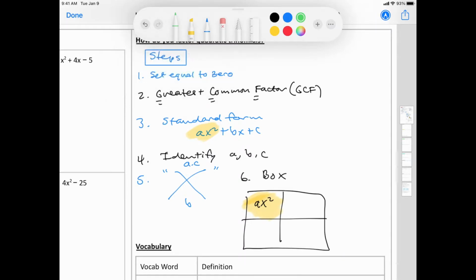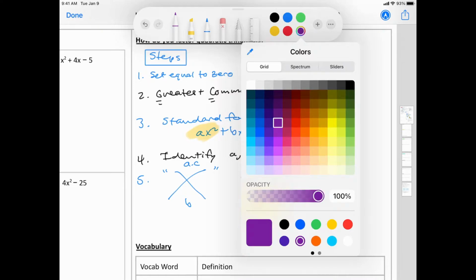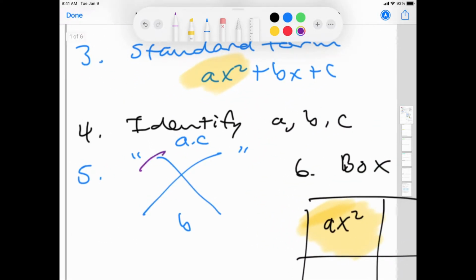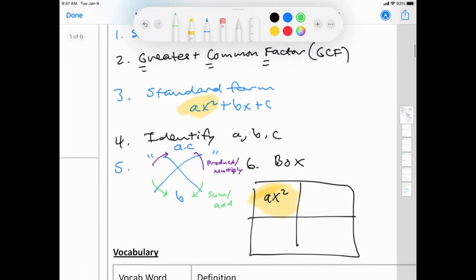Something I forgot is that you're going to find two numbers, and in purple here is the product. Product means to multiply those two numbers to get a times c. And those same two numbers, you will get the sum, or you add them together to get the b value. Okay.